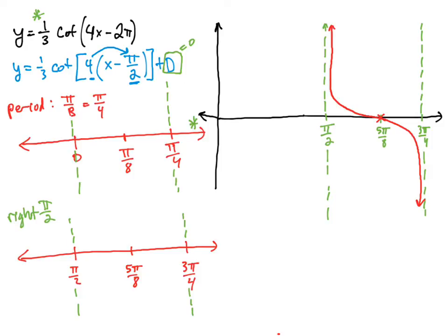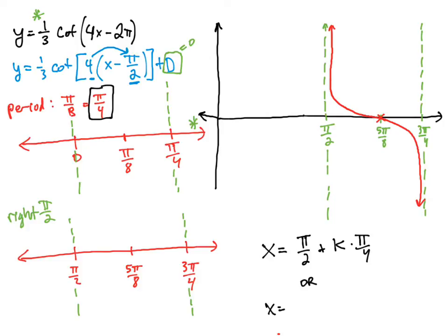And then lastly, let's come up with an equation of the asymptotes. So again, x equals, pick any asymptote. I'll just pick pi over 2 here, plus k times the distance in between asymptotes. And again, that distance in between asymptotes corresponds to the period length. So times pi over 4. And again, that's k for any integer.